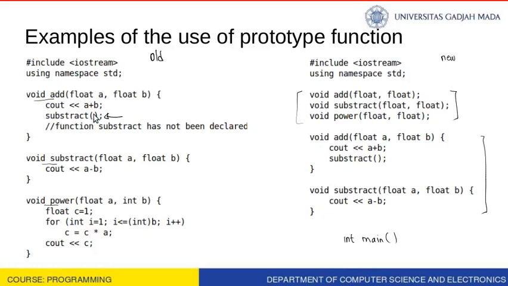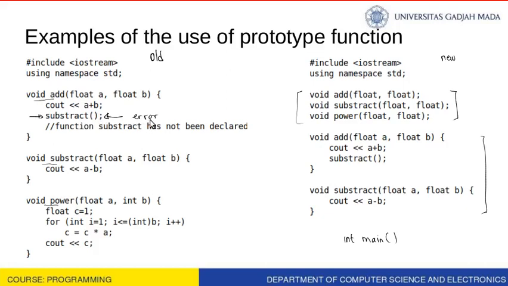Because the flow of the program execution is from the first line and goes down to the next line, up to this line, when I call this function subtract, the compiler doesn't recognize what subtract is, because there is no declaration or detail of the function subtract. So this will be an error.